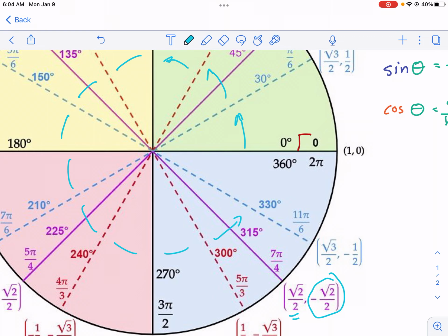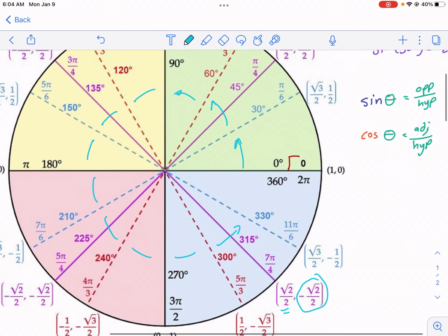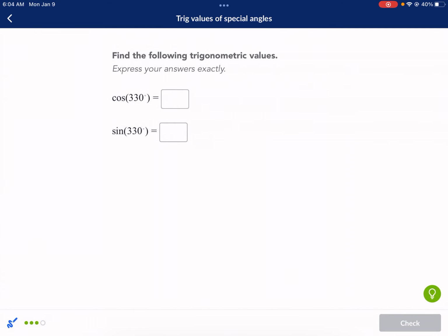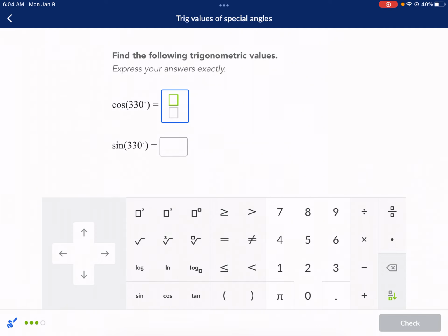So it's the same measurements, same trig values as the 30-degree angle, except one difference, that the sine is negative in this quadrant. So I'm going to go ahead and use these values. The sine is negative 1/2, and the cosine is positive square root of 3 over 2. So I have positive square root of 3 over 2 for here, and then negative 1/2 for my sine.